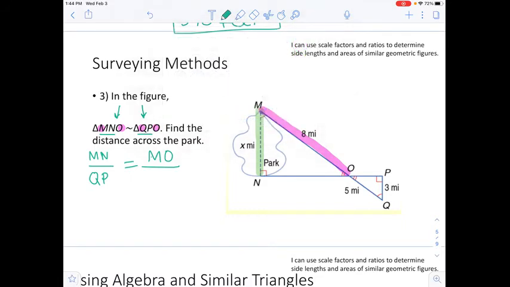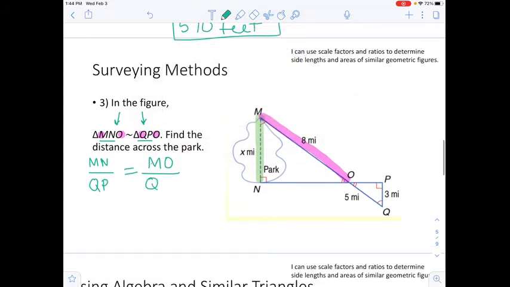So I'm going to take the first and the last from that second triangle, which is QO. Now I'm going to plug in those measurements. X over QP is 3 miles equals MO is 8 miles over QO is 5 miles.